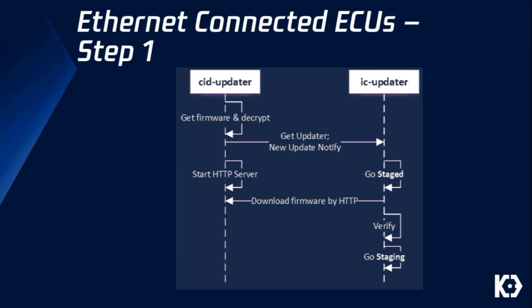And at the same time, CID updater will start an HTTP server, which is used to provide some firmware files to the IC updater. And after both of them are prepared, IC updater will download the firmware using the HTTP server we have just mentioned. After the firmware is downloaded, the firmware will be verified using info which has been provided in the new update notify. And the IC updater will go into another stage. We call it staging.